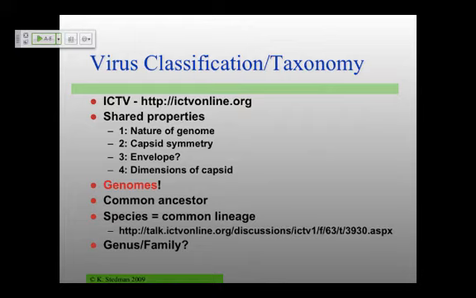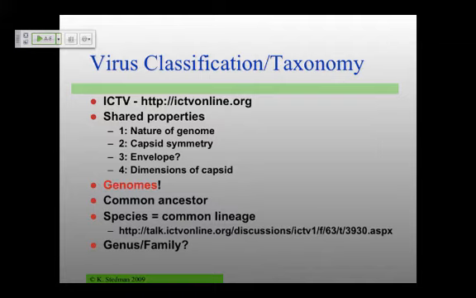The whole idea of a virus species, if you want to read almost as much commentary as there is in this textbook about why you should or shouldn't have virus species, that's basically in here. What's a species of a virus? Species all comes from the Linnaean concept of being able to reproduce, etc. So I don't like virus species, but it's something that people use, and most people kind of agree on this.